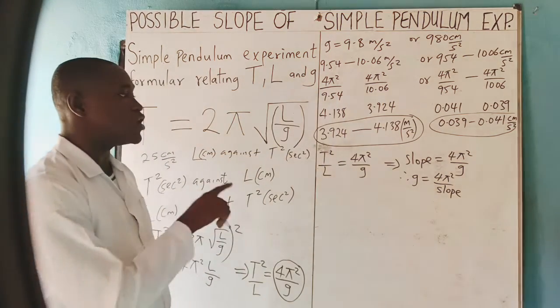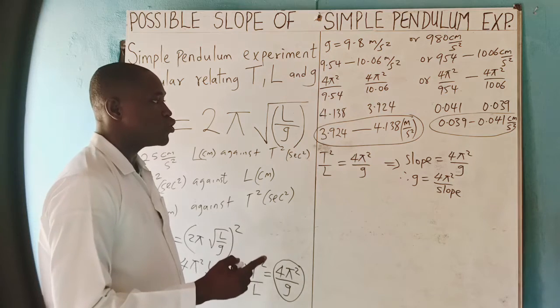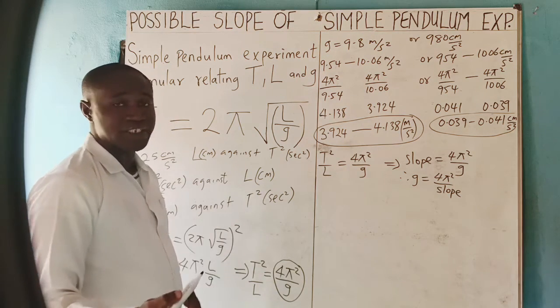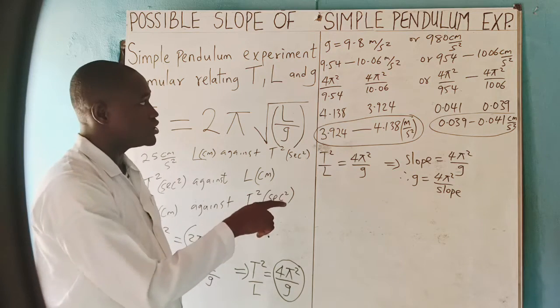Yes, that is how to deduce your G. If you do not want to plot the graph or even perform the experiment, that is how you deduce your G. Just pick a value.